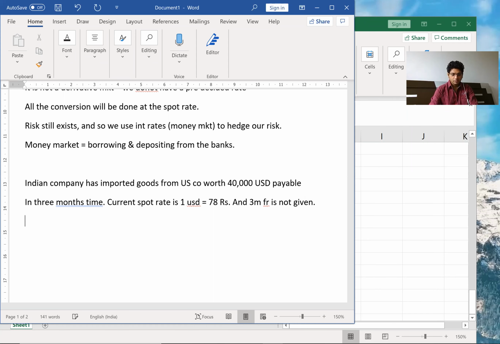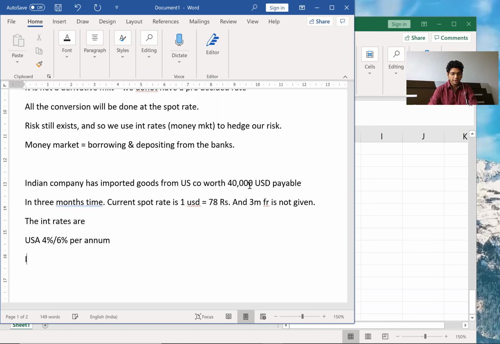Okay. The interest rates in the USA are 4%/6% per annum. Interest rates will always be per annum.